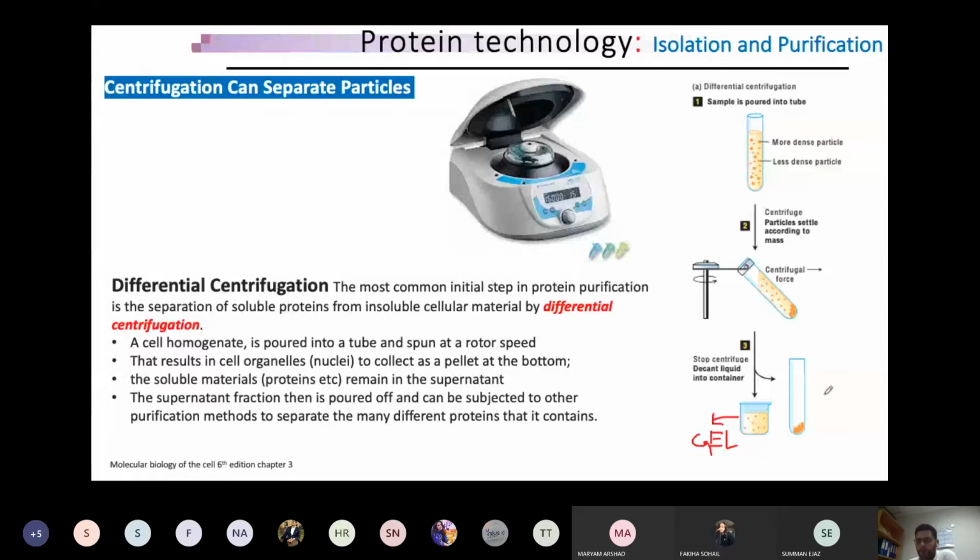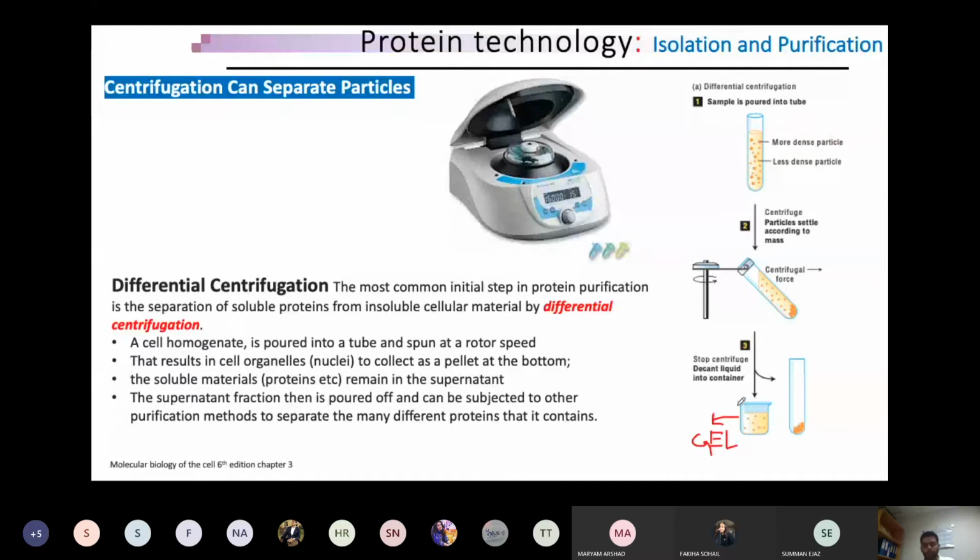It's not important here. And if you know your protein is in the nuclear fraction, you have to further digest that. You will digest it, and then you may do another centrifugation again. This will be differential centrifugation, because some of them will be in the supernatant, some will settle down.